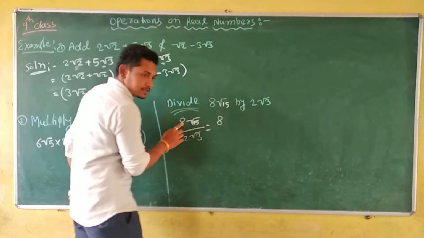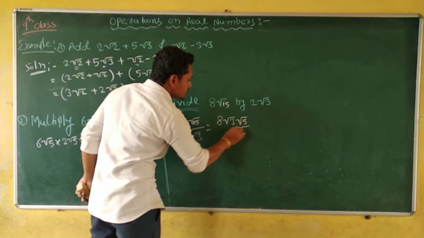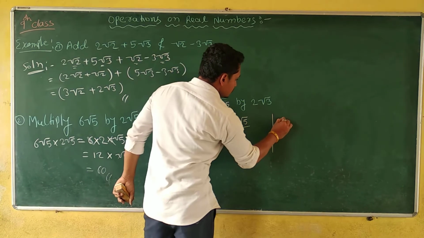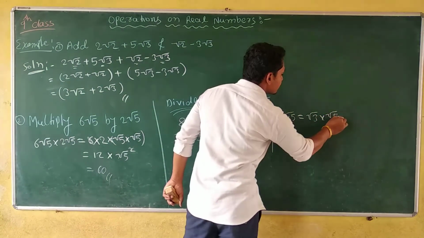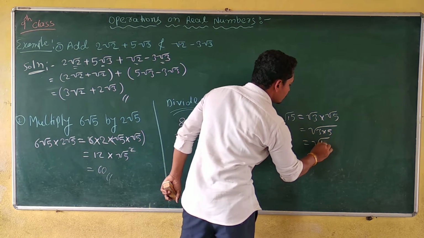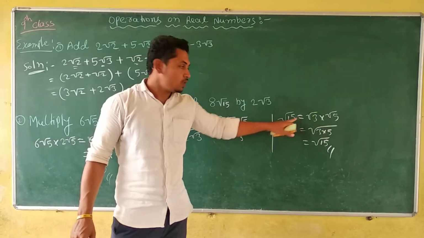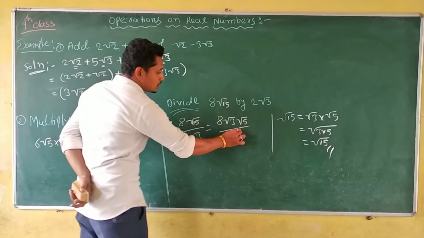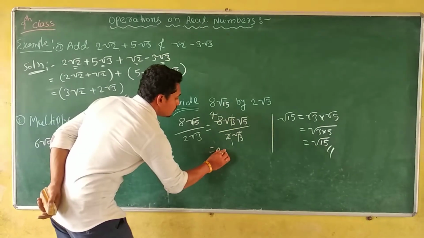Root 15 is equal to root 3 into root 5, because the square root of 3 into 5 is the square root of 15. So root 3 gets cancelled. 2 ones are 2, 2 fours are 8. Therefore the answer is 4 root 5.